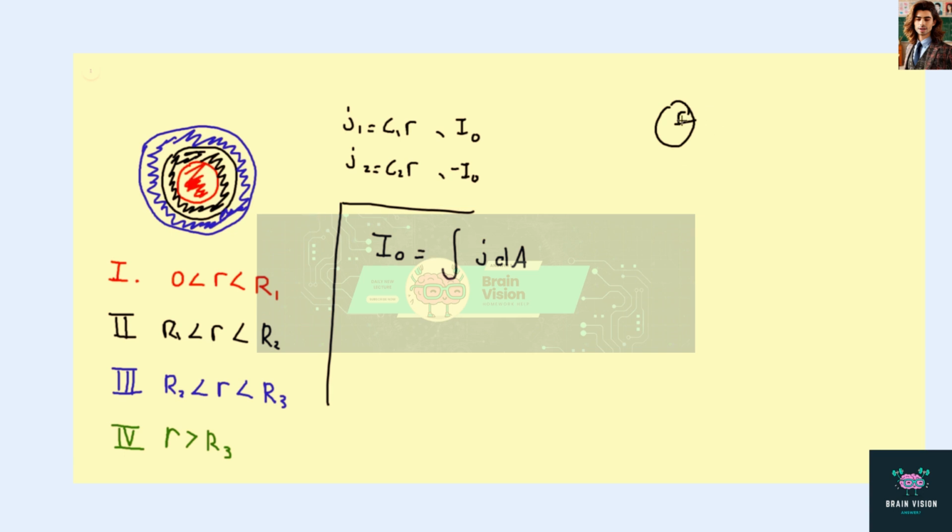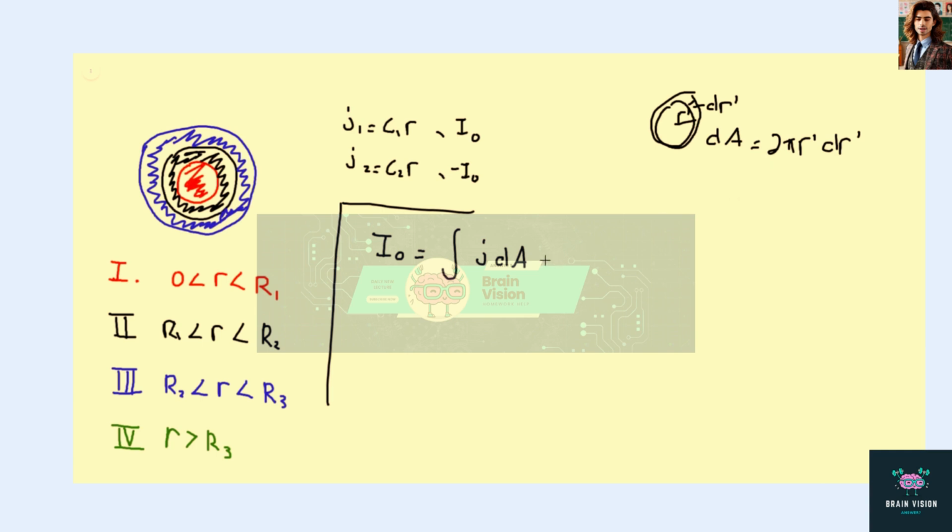So we have some distance r prime from the center, and this has a thickness of dr. The total infinitesimal area dA would then equal 2 pi r prime, this circumference, times dr. I guess we should really call this dr prime.